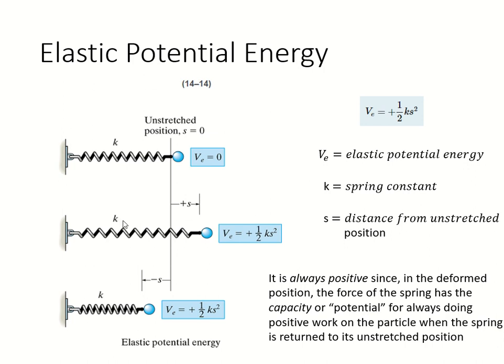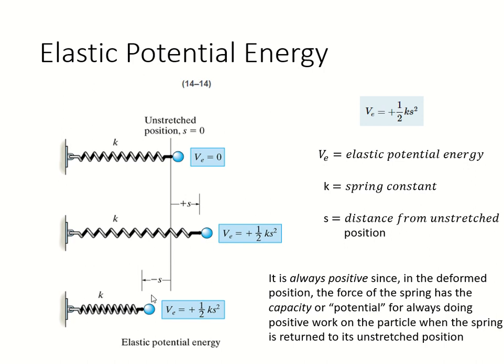Now we're going to stretch it, so you have your elongated distance. So we're gaining plus S, that much distance from your reference point zero, which is this datum point right there. So you have that amount of potential energy in it.